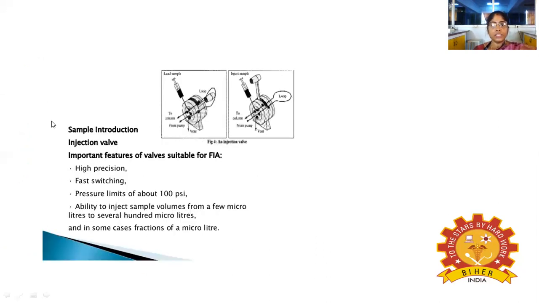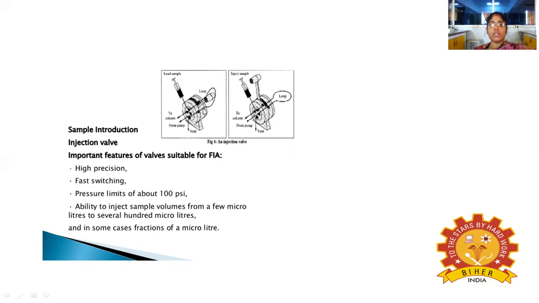Okay. So here we'll see what are the various valves we have. When you talk about an injection valve, we are going to pass the sample here. When we need it, the loop will be opened so that the sample will be injected that way. If not, the loop will be closed. So this syringe will be made of this valve, which will be loading the sample in a closed condition.